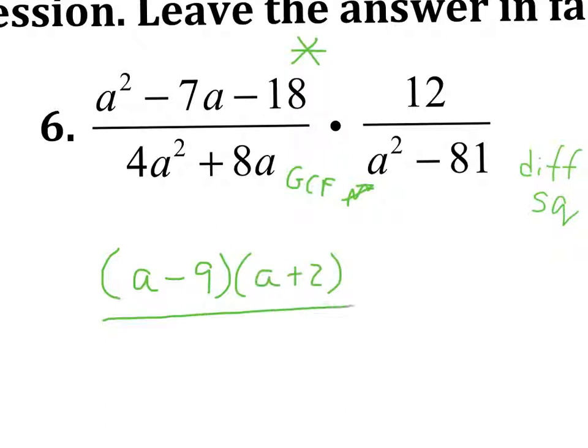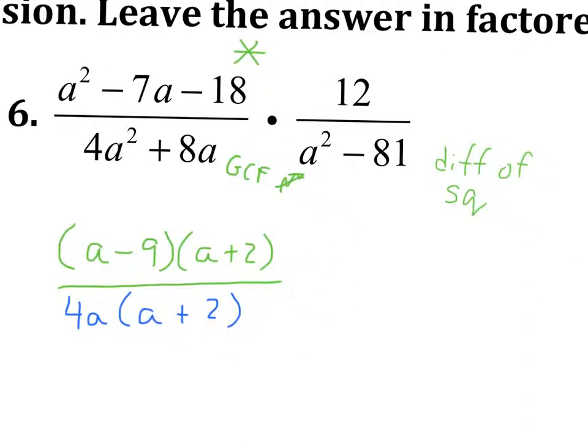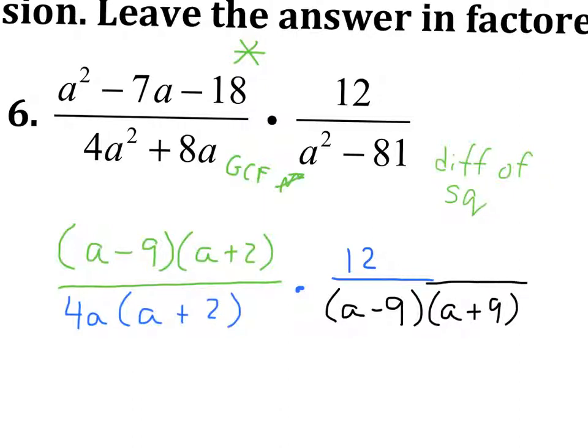Down below, I can pull out a 4A to get A plus 2 inside. Now, the 12 stays 12, so I'm going to leave it as so. And the denominator there is a difference of 2 squares. So I get A minus 9 times A plus 9.